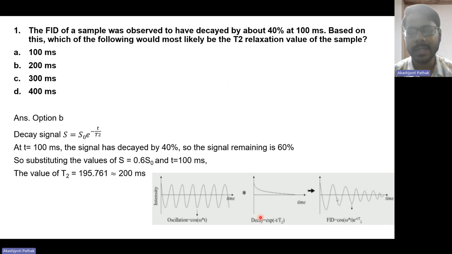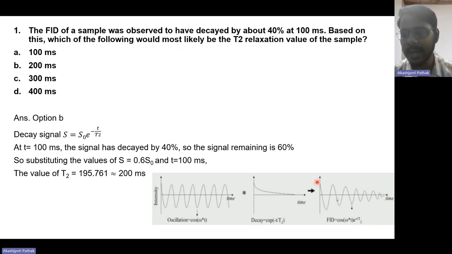This decay in signal is given by e to the power minus t by T2, and the FID that we get is a combination of this oscillation and this decay. So it is a combination of cos omega t into e to the power minus t by T2.